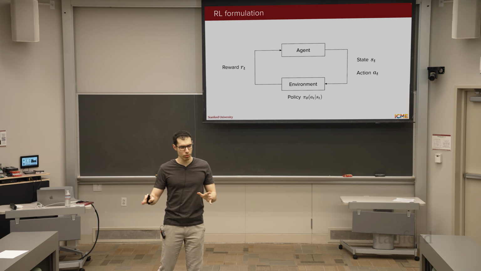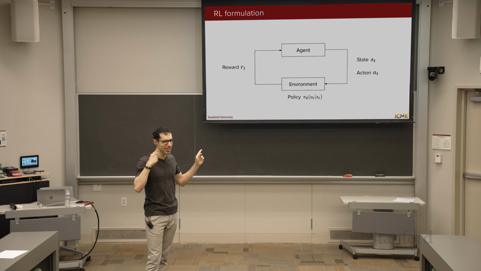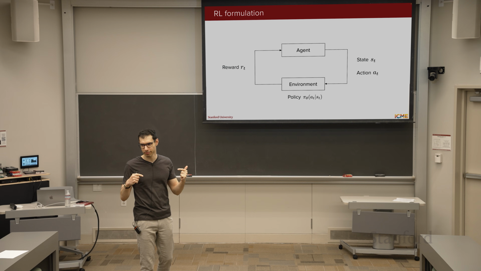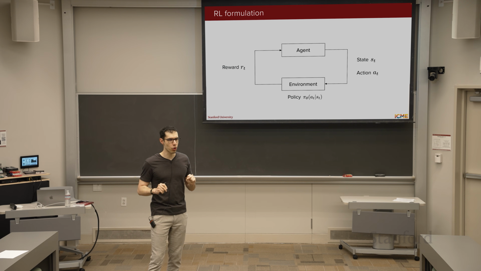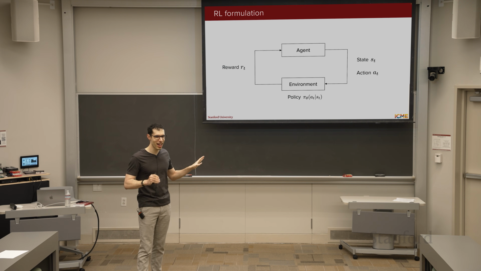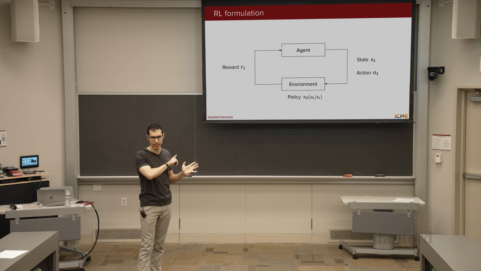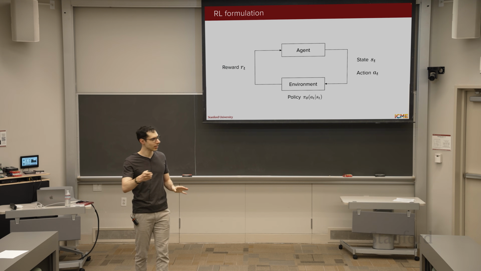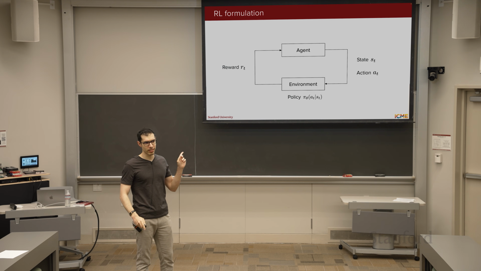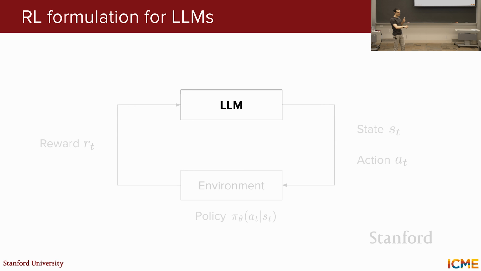So what we're going to do is to leverage that mindset for our preference tuning exercise. Let's see together how we can transpose these quantities in the LLM world. So what is the agent? The agent is the LLM.